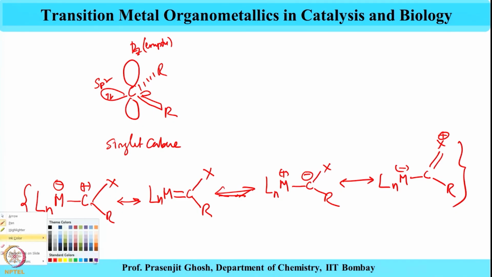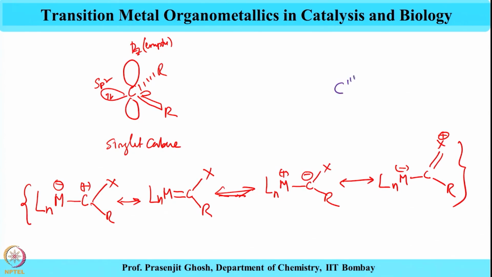Similarly, one can draw the structure for the triplet carbene bound to metal, and here also it is an sp2 orbital.